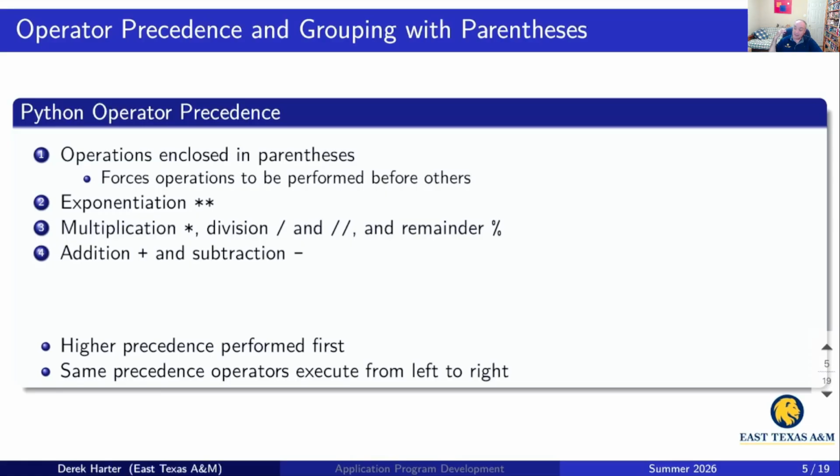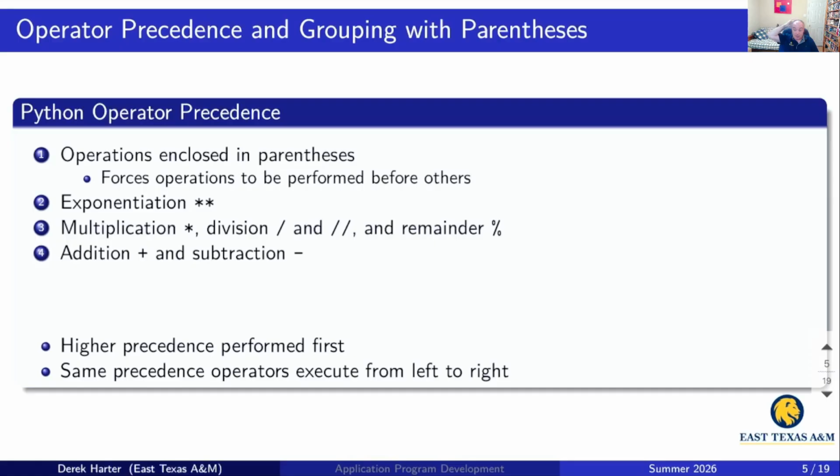So the highest level is going to be parentheses. If you absolutely need to ensure that a particular expression is evaluated before anything else, just enclose it in parentheses. After that, the next highest is exponentiation, so raising things to a power, and then multiplication and division are the next highest in precedence, and then addition and subtraction.